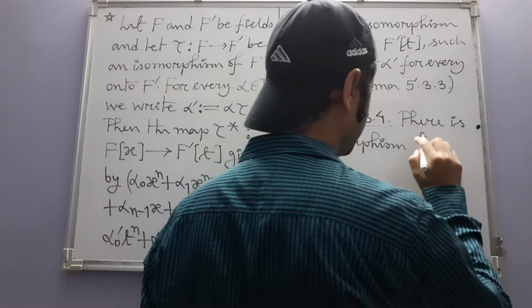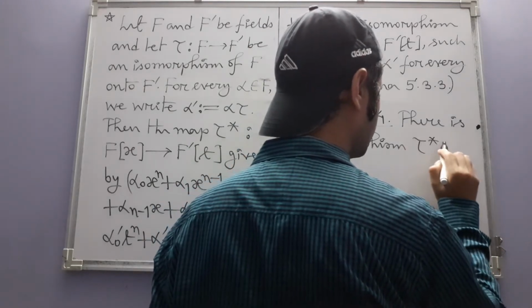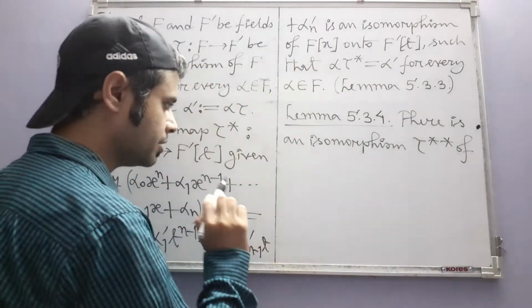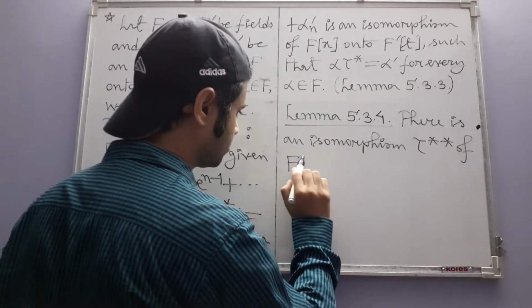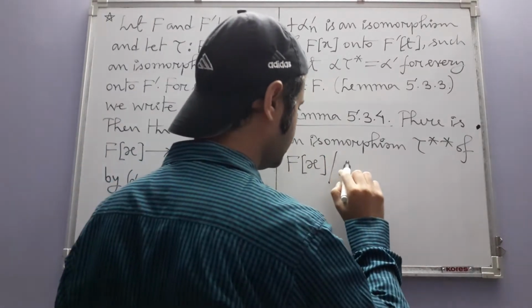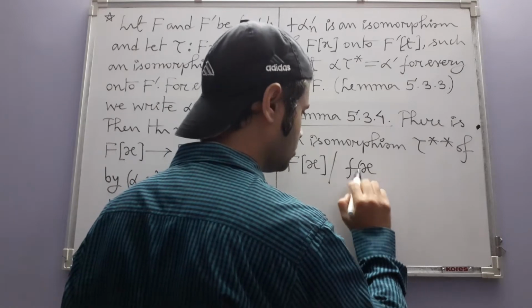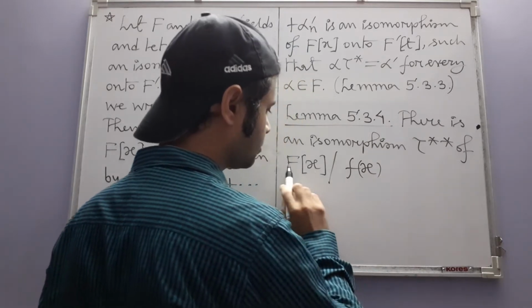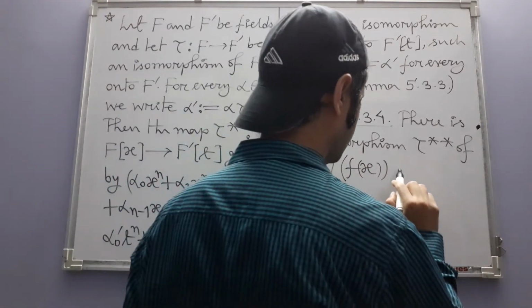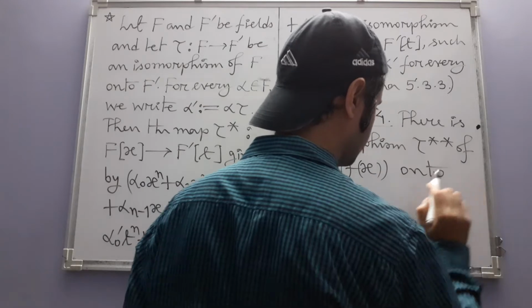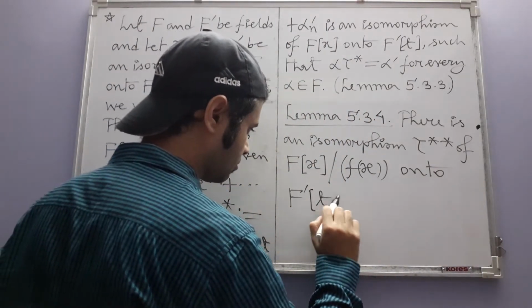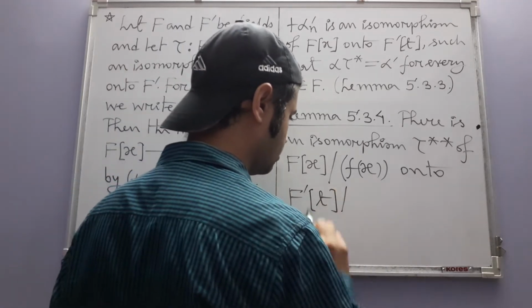There is an isomorphism tau star star of this quotient ring F[x] by the principal ideal generated by the polynomial f(x), of course, which is coming from here, this principal ideal, onto this quotient ring.